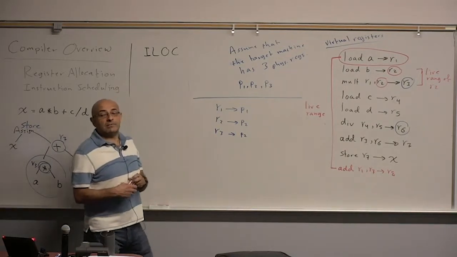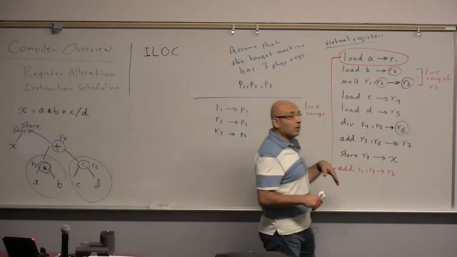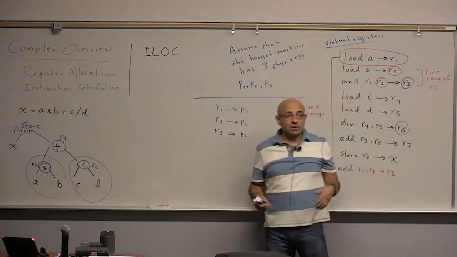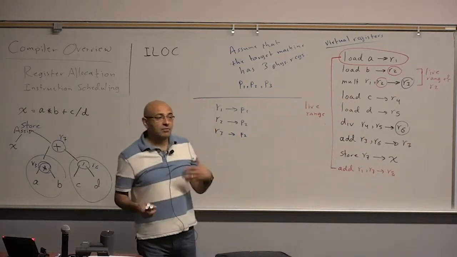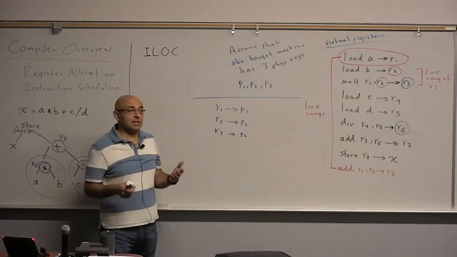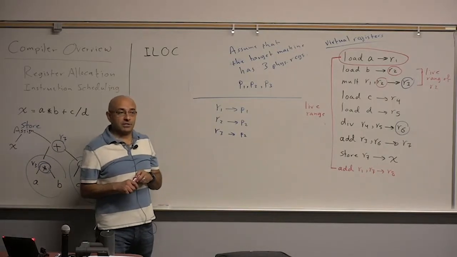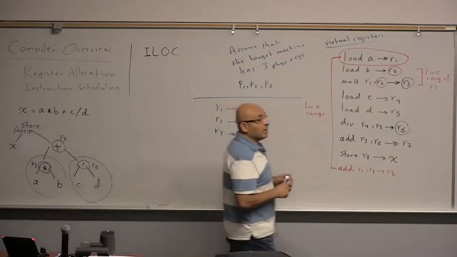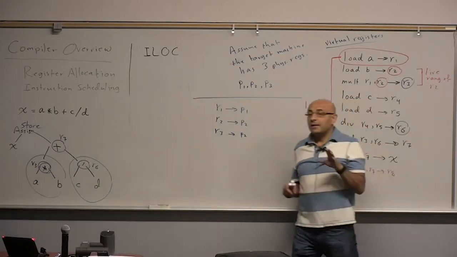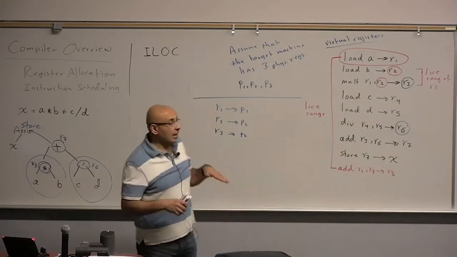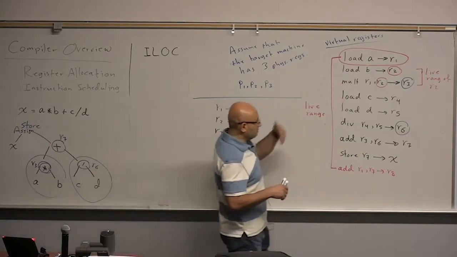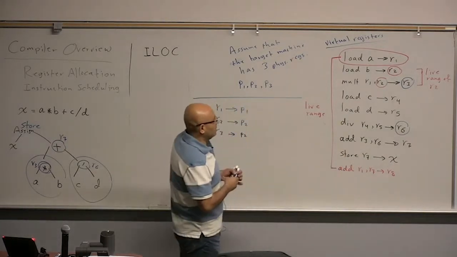Okay. So the point here is when we have longer live ranges, we have a stronger competition for registers. So we say that we have high register pressure. In fact, by register pressure, we mean the number of registers that are live at a certain point. We will say more about this later.